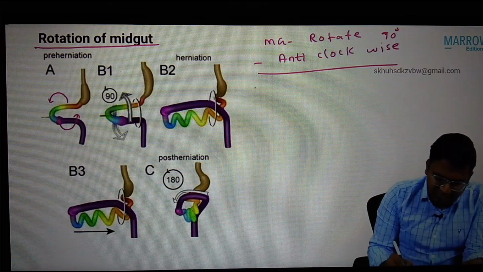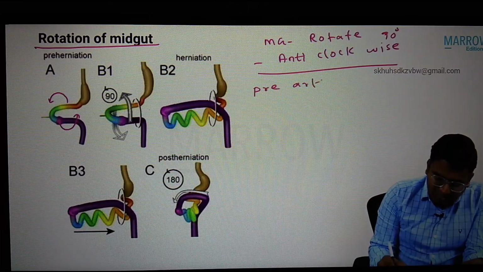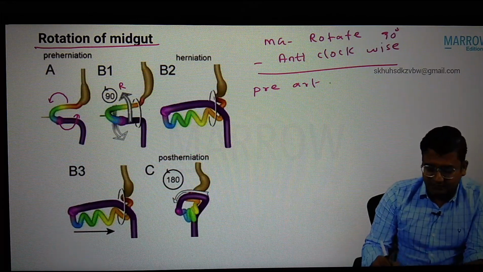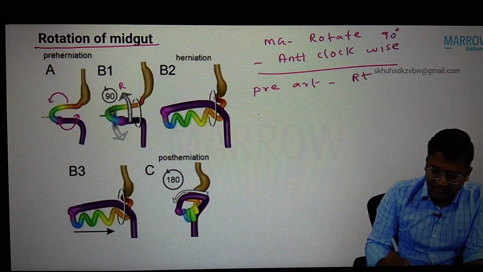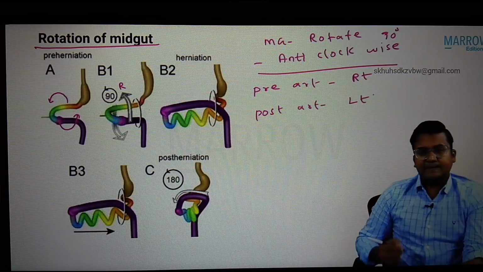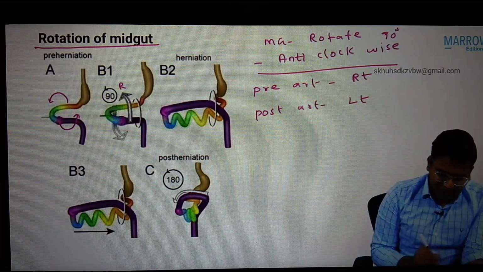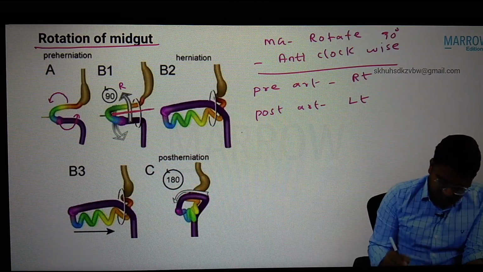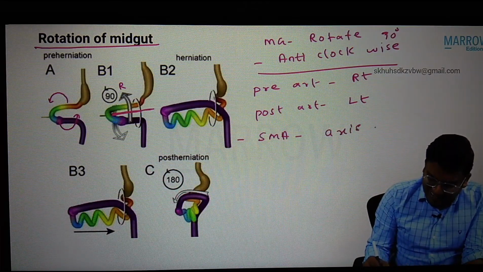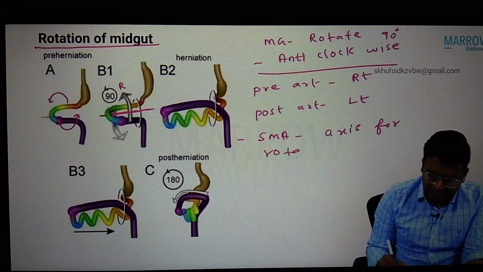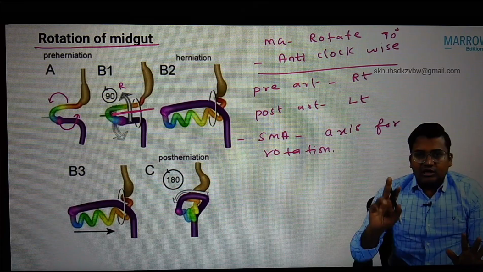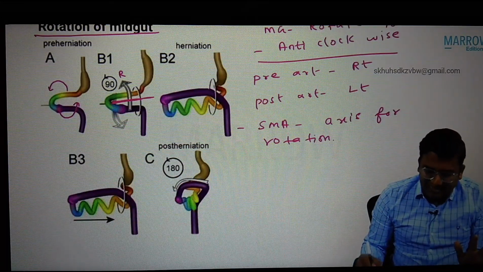The pre-arterial segment goes to the right side and the post-arterial segment comes to the left side. Okay? Right. Now this is the artery. Now the superior mesenteric artery, yes, that will form the axis for the rotation. So first rotation over.